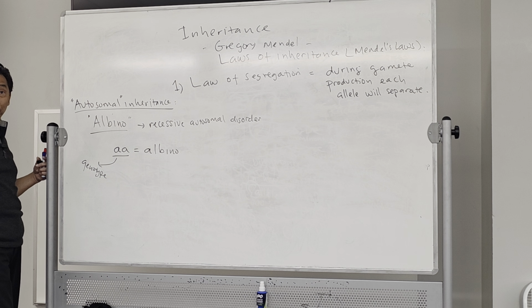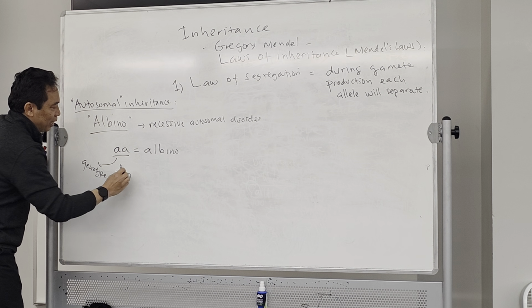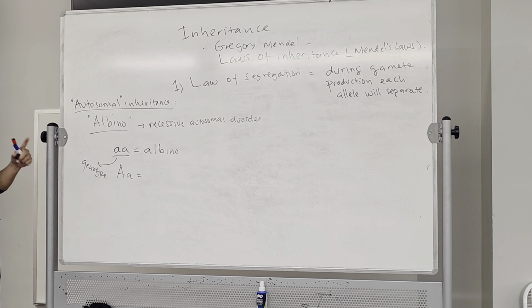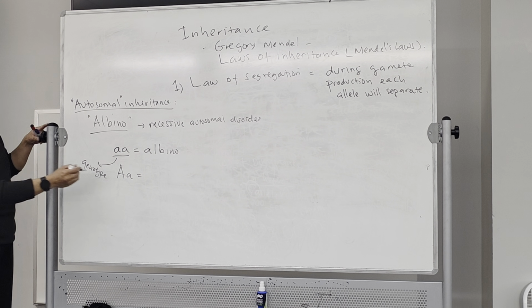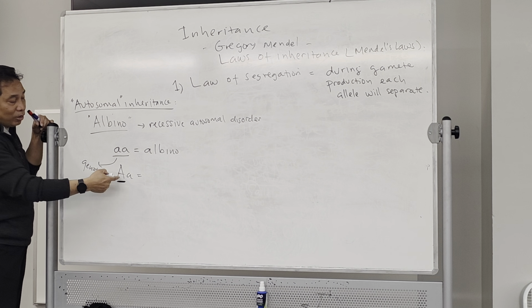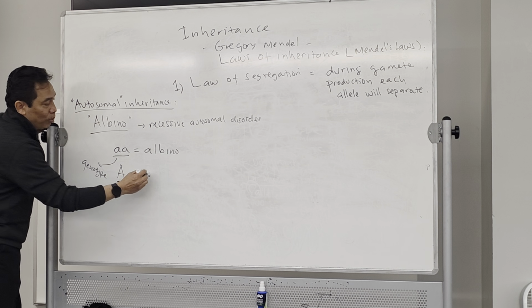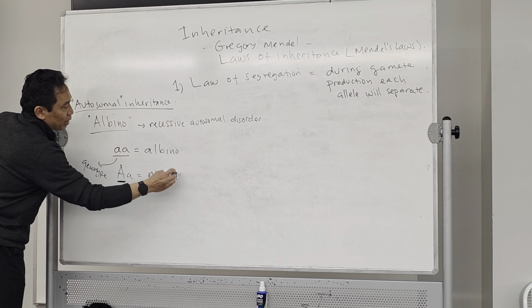You follow this? Now the second, maybe you have an individual who carries one capital letter and one lowercase. This is heterozygous. Because this is dominant, remember the third rule, it said that dominant will cover the recessive. So basically, you will see that person as a normal person.